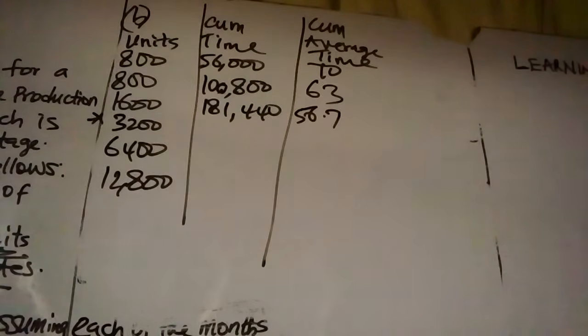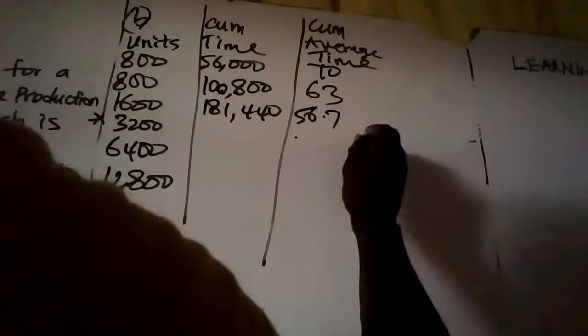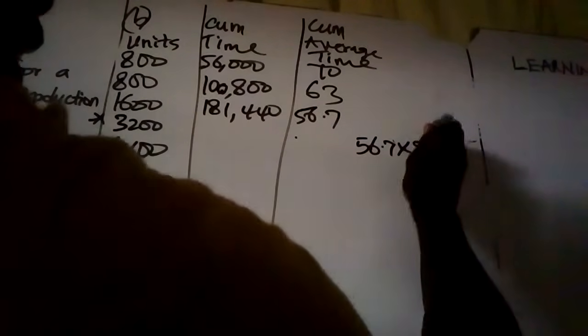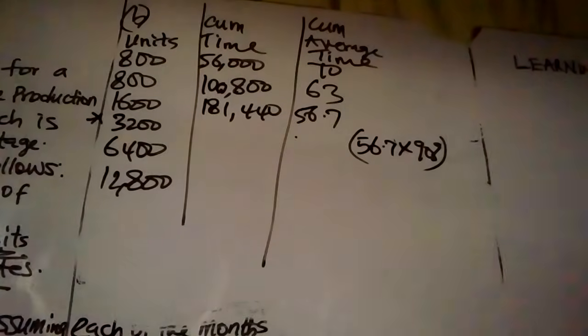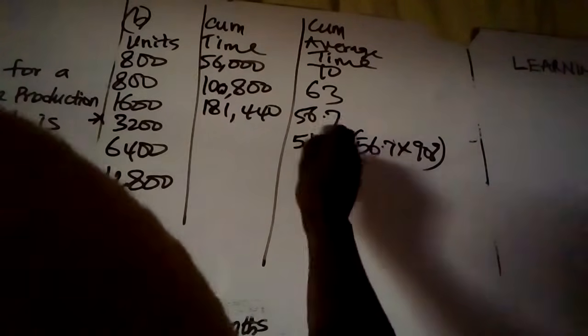So since the learning rate has been determined to be 90%, for this level you have 56.7. What is 90% of that? The 90% of 56.7 gives us 51.03.